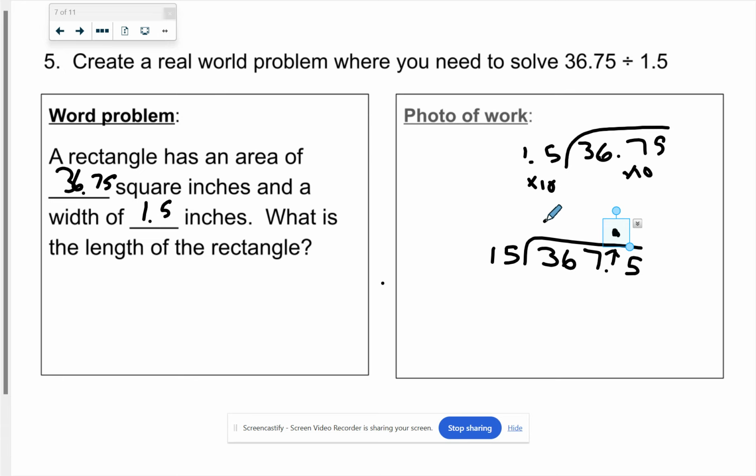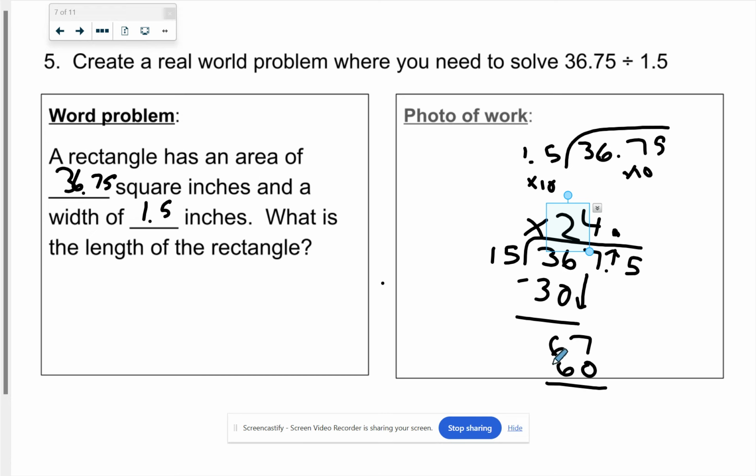All right, 15 does not fit into 3, but it does fit into 36 2 times. 15 times 2 is 30. Subtract, you get 6. Bring down that 7. 15 fits into 67 4 times. 15 times 4 is 60. Subtract, you get 7.